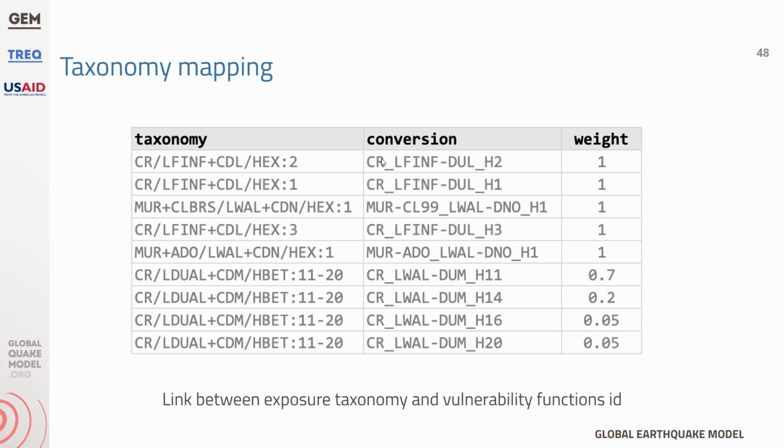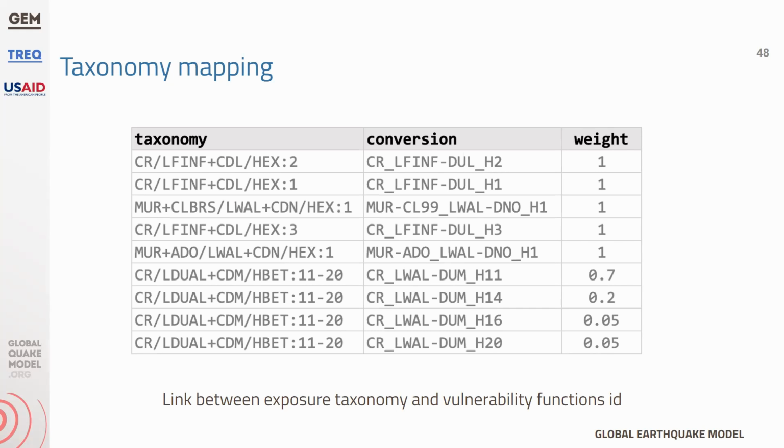So now we are violating that golden rule that they have to match one-to-one. Through a taxonomy mapping file, we can say, this is the taxonomy in the city of Quito. This is the building class in the city of Quito. And this is the building class or vulnerability curve that I found that matches the most this building class. And this curve can come from a risk modeler, it can come from academia, it can come from research.